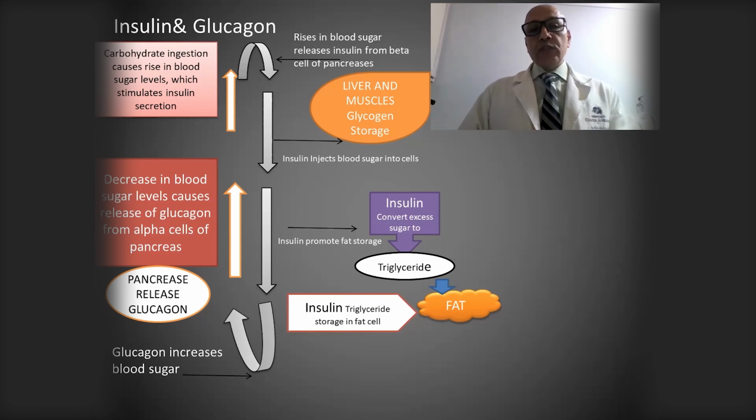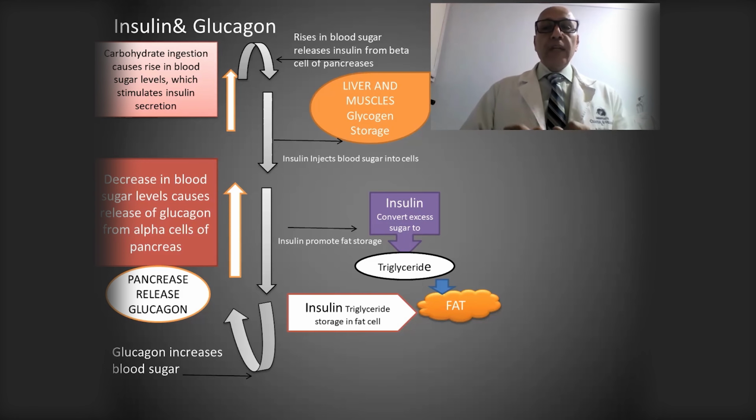So as you see on the screen, a rise in blood sugar level causes a release of insulin from the beta cells of the pancreas. The pancreas releases this insulin to pick up this sugar and inject it to where it is stored. And it's going to store it as glycogen.